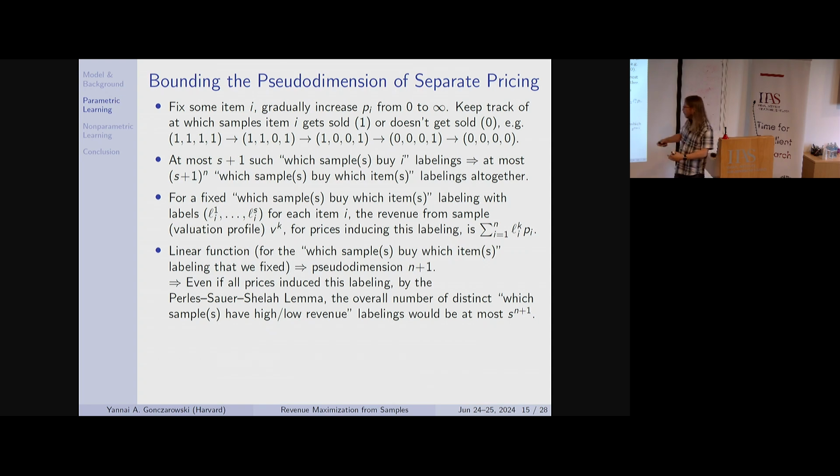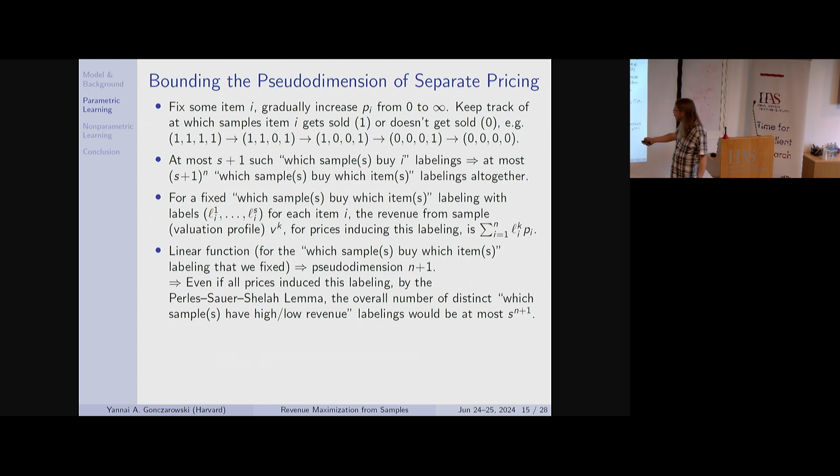If I have a function with pseudo-dimension n plus 1, and I have S samples, how many high-low labelings, with respect to the thresholds that I fixed, could be induced by this function? It turns out that the answer is, at most, the number of samples to the n plus 1.